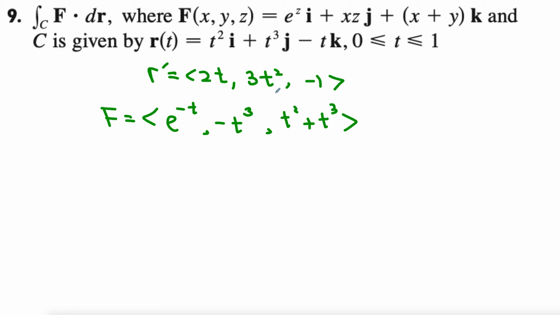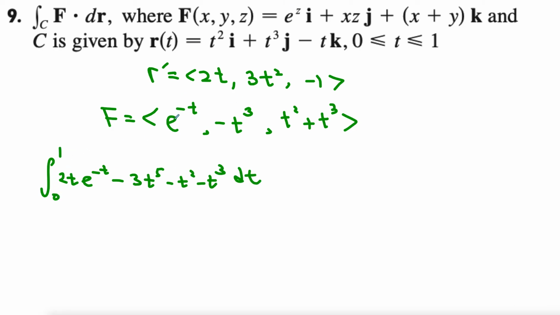So I have to dot these two. Then our integral becomes 2t e to the negative t, and then minus 3t to the 5th power, and then negative 1 is multiplied, so you get negative t squared minus t cubed dt. That goes from 0 to 1.